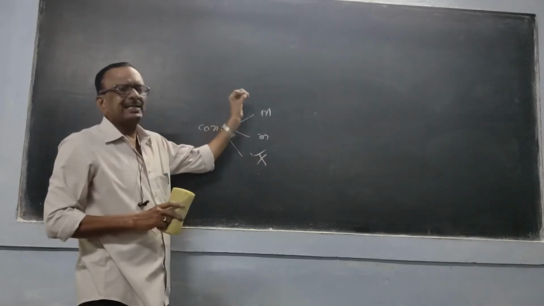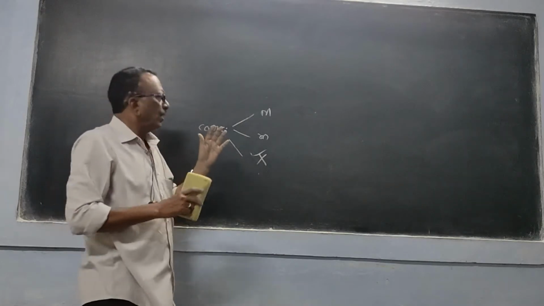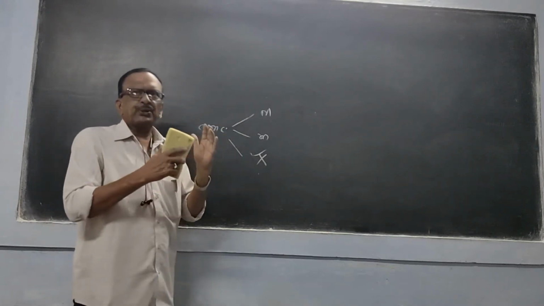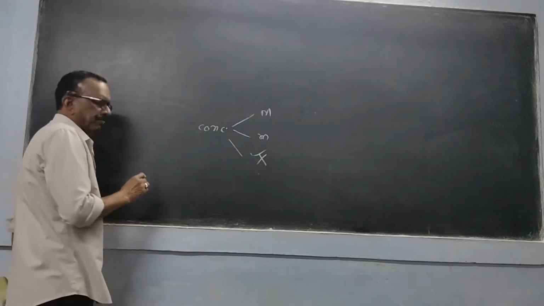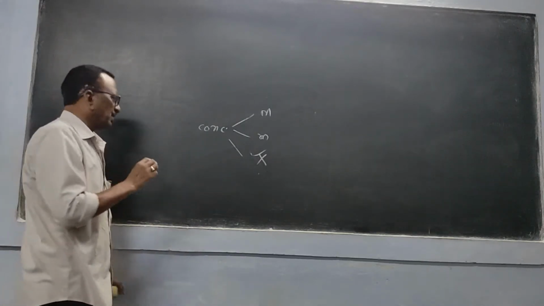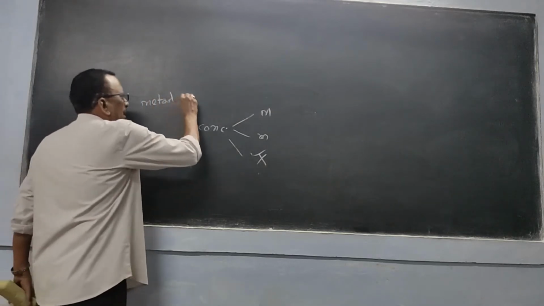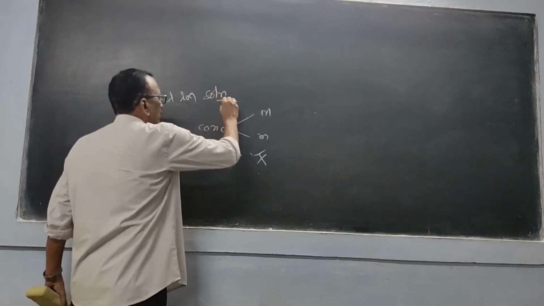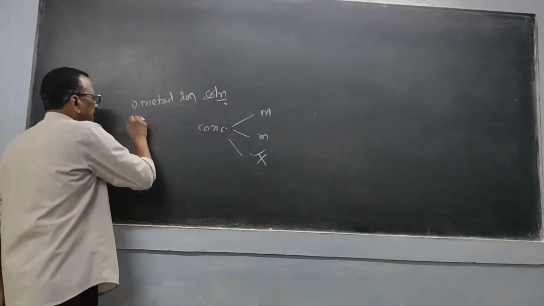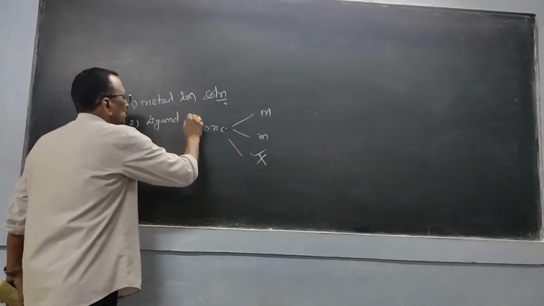So while determining the composition of a metal complex, we are using solutions. So here, for getting a metal complex, we need a metal atom or metal ion solution, and secondly we need a ligand solution.